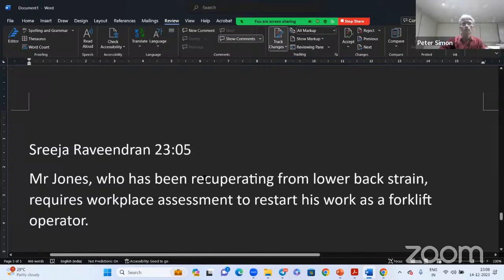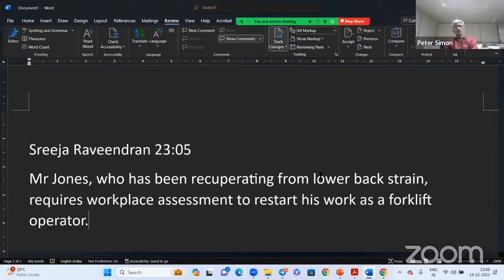Mr. Jones, who has been recuperating from lower back strain, requires workplace assessment to restart his work as a forklift operator.